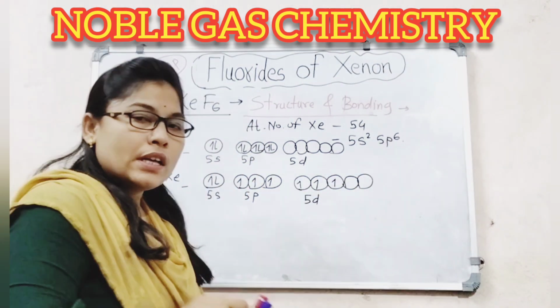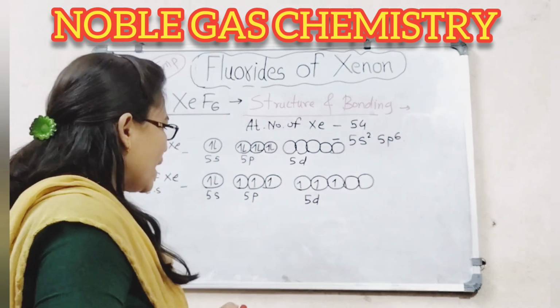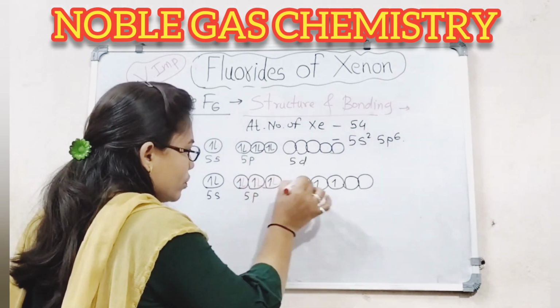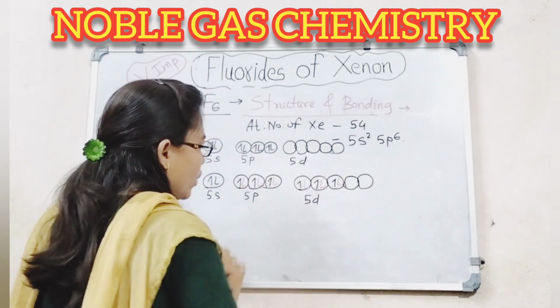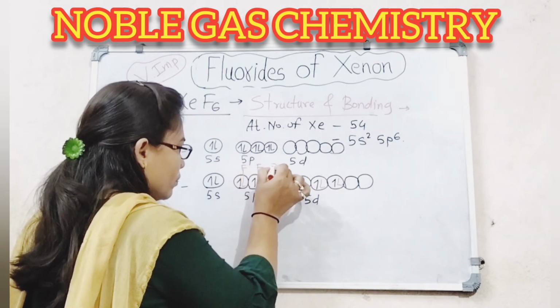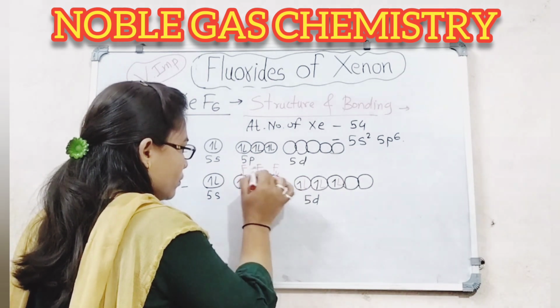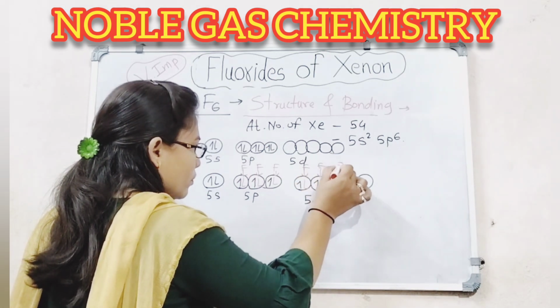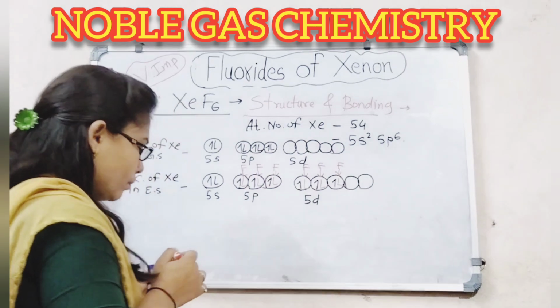When 6 fluorine atoms combine with xenon, we get xenon hexafluoride.